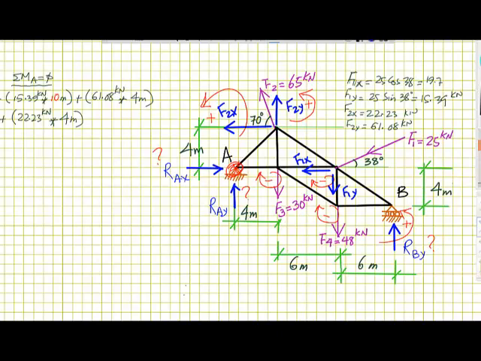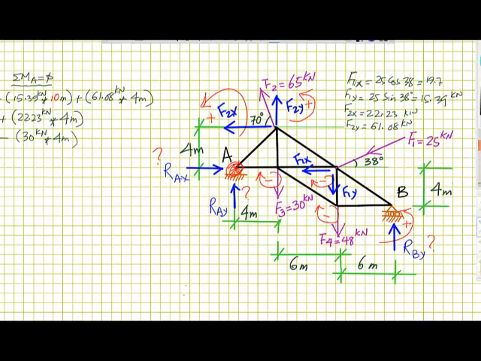Then we move to F3, and F3 rotates negative, so minus. F3 is equal to 30 kilonewton, and the distance between F3 and the point is again 4 meters, so multiplied by 4 meters.